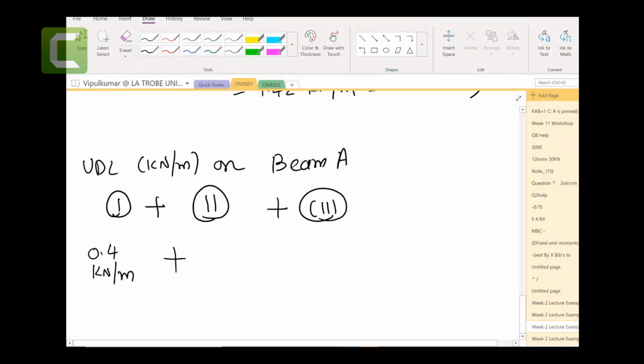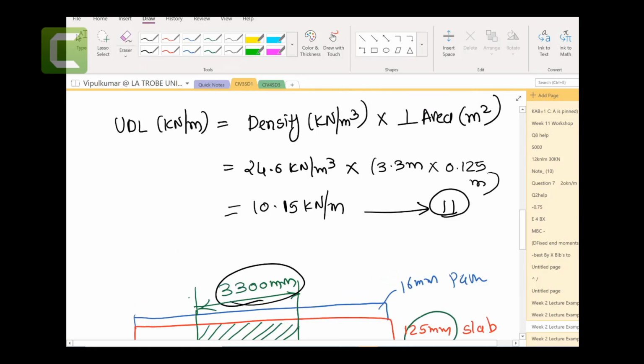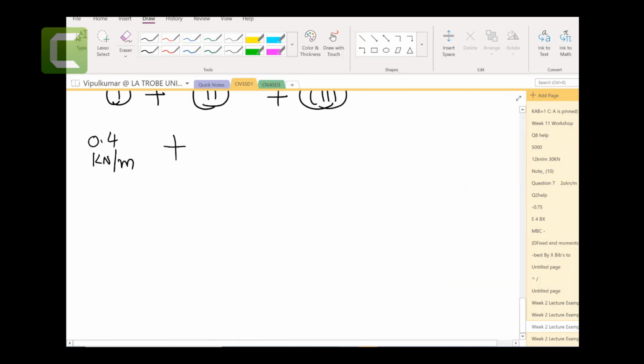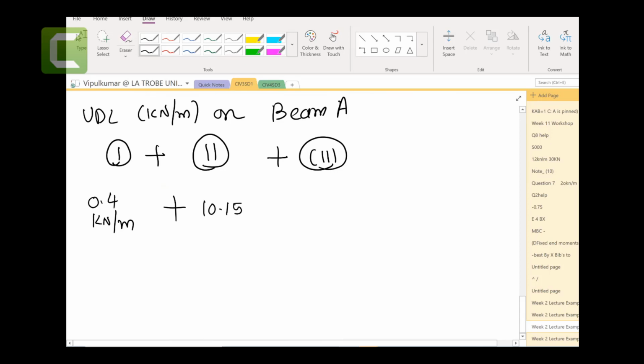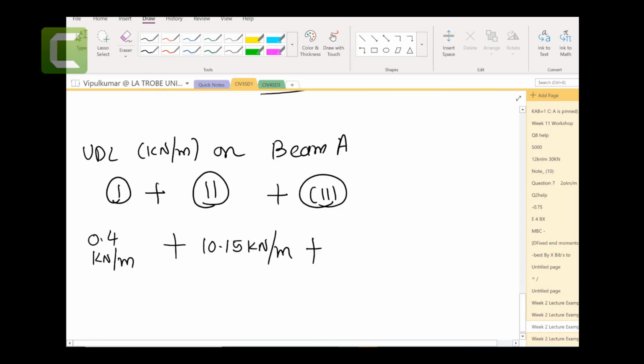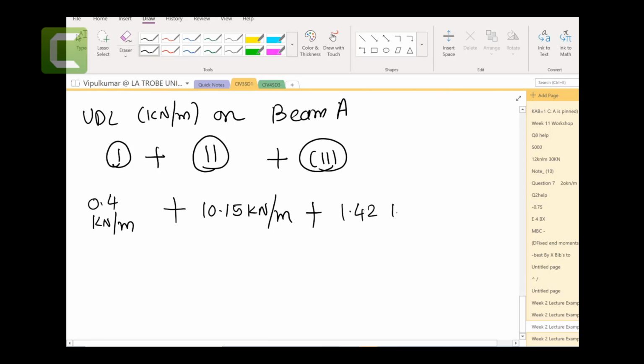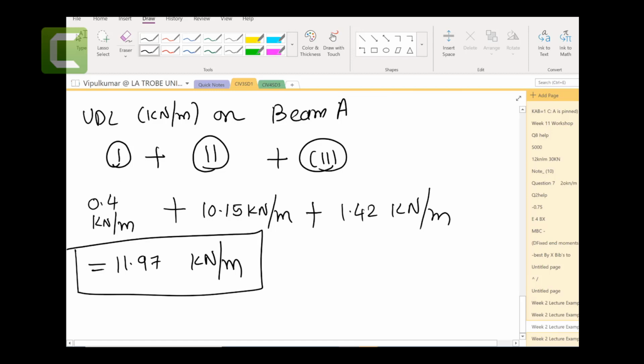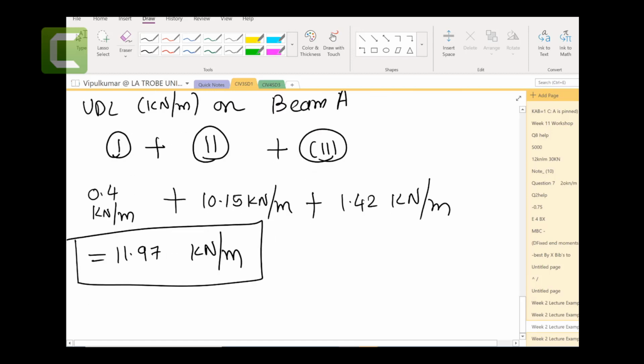Number 2, slab, 10.15 kilonewton per meter. Number 3, 1.42 kilonewton per meter. So the final answer, 0.4 plus 10.15 plus 1.42, you get 11.97 kilonewton per meter. That much load that beam A would be carrying.